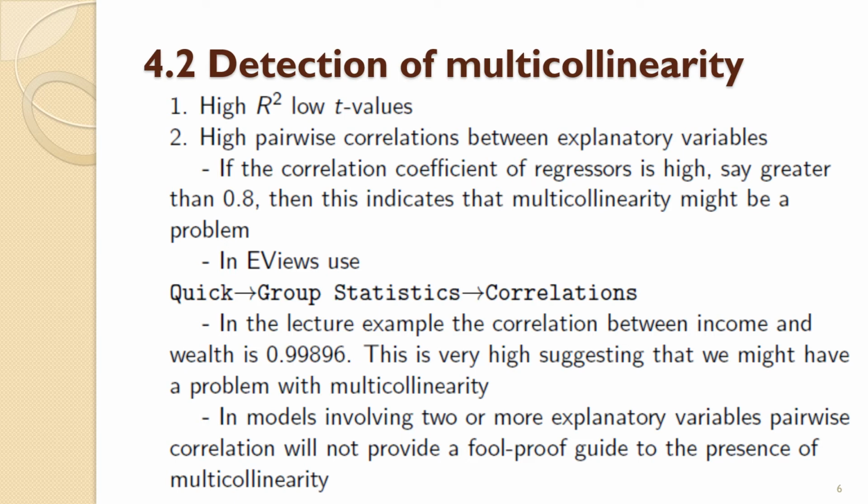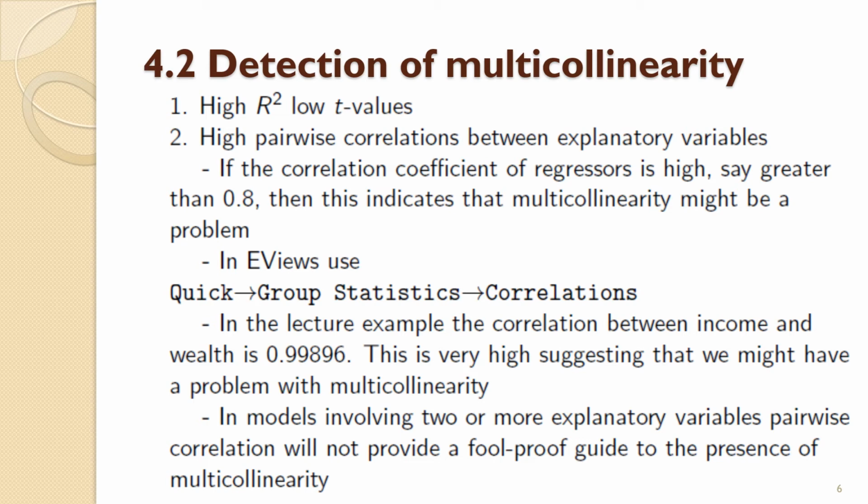So in the lecture example table on slide 3.5, if you compute the correlation between income and wealth, this comes out at 0.896. This is higher than 0.8, so this would indicate that you've got a problem with multicollinearity in this case.